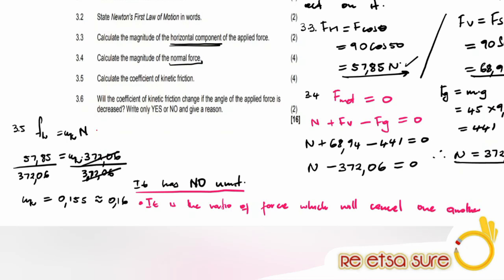The SI unit of normal force is Newton. The SI unit of frictional force is what? Newton. So when you divide, the Newtons will cancel one another, leaving our coefficient with no unit. That is why I said it is the ratio of forces which will cancel one another. So please, my beautiful learners, make sure that you get it right.